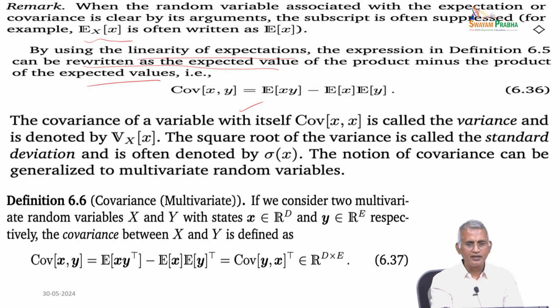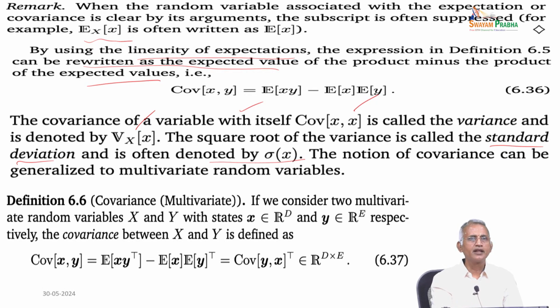So, we can easily represent the covariance in terms of the expected value, and it will be very useful for finding the covariance. The covariance of x comma x is called the variance and denoted by V_X of x, and the square root of the variance is called the standard deviation and is often denoted by sigma of x.